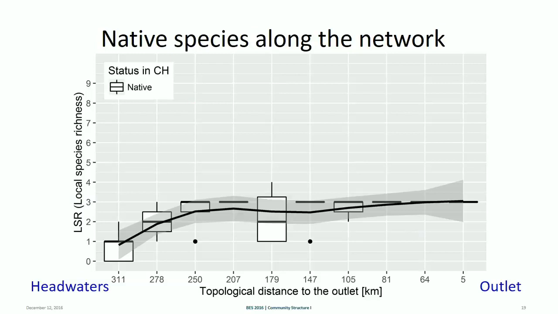More species or higher species richness in more downstream sites. But we can also see that there is, like as mentioned in the previous talk, somehow a saturation. So we seldom or rarely see more than 4 native species out of 7 possible native species.